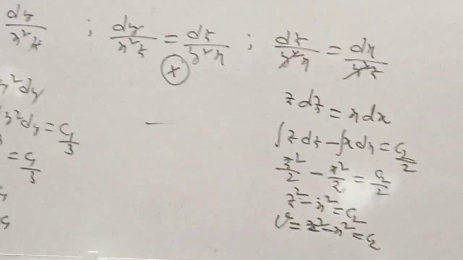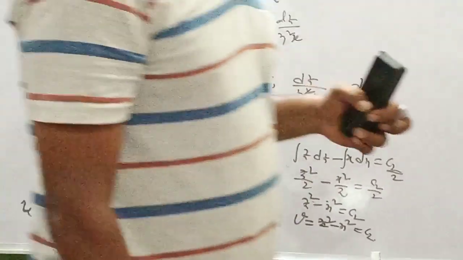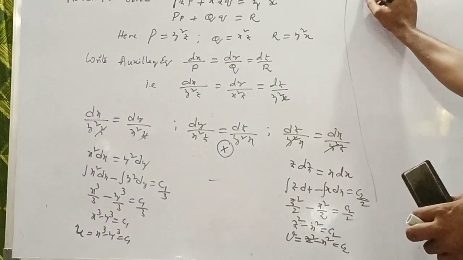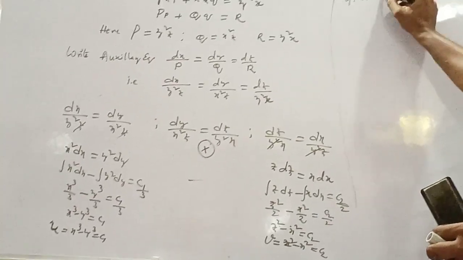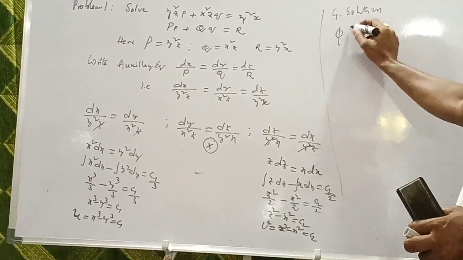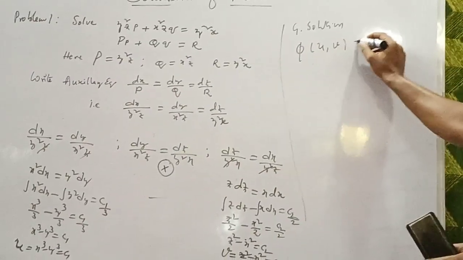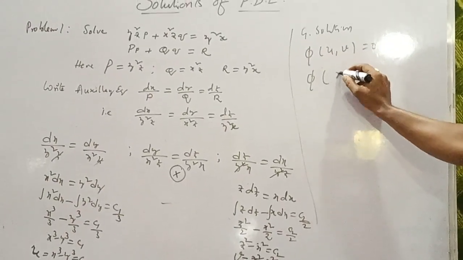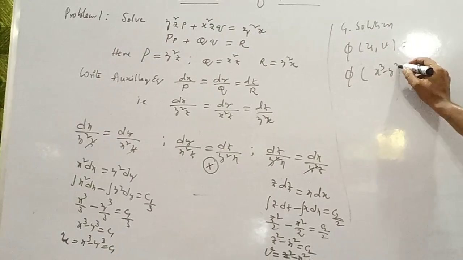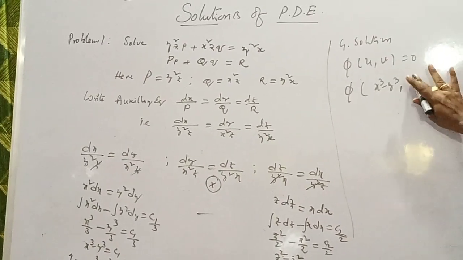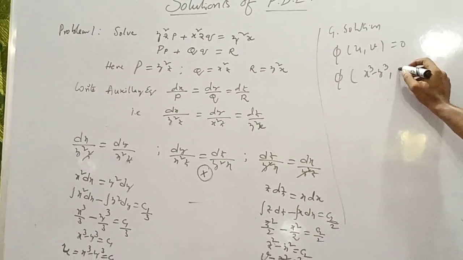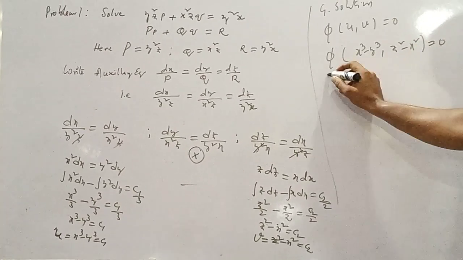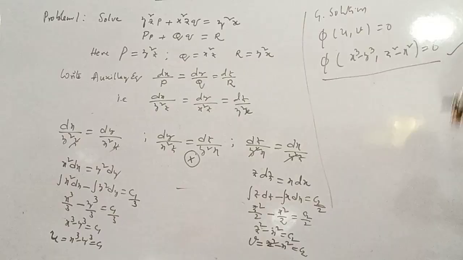The general solution for the equation is phi of u comma v equal to 0. So simply write phi of x cube minus y cube comma z square minus x square equal to 0 is the required general solution.